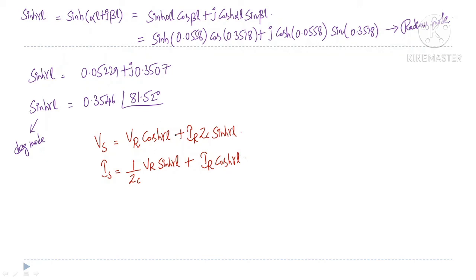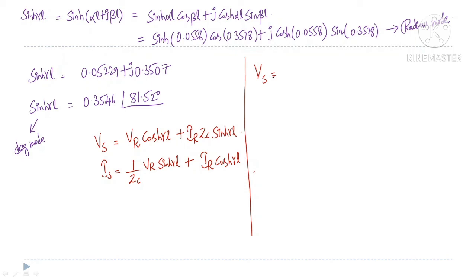A value is cosh γL and D value is also cosh γL. B value is ZC sinh γL, whereas C value is 1 by ZC sinh γL. Very simple. Now substitute all these things in these equations. With this, our problem is completed using the first method.